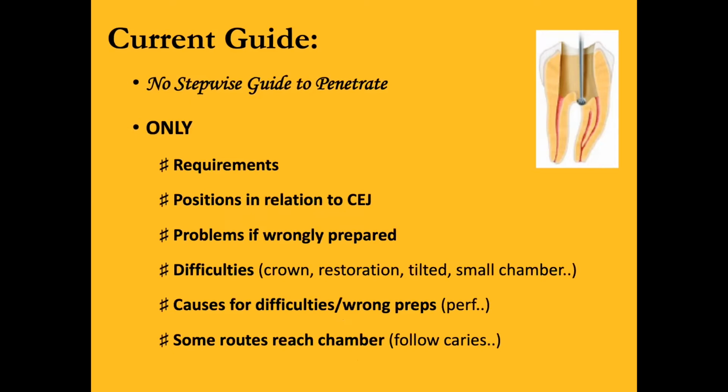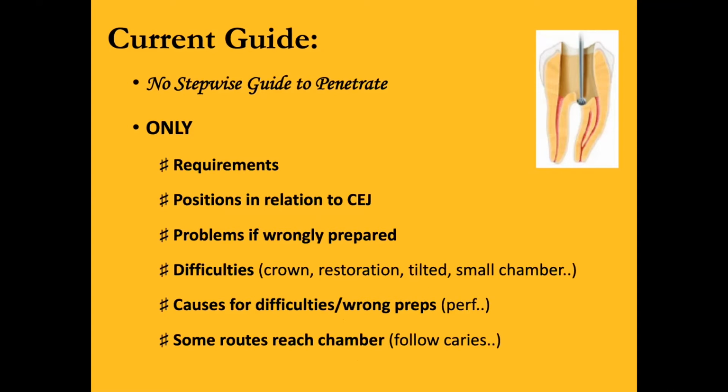There are only requirements or general prerequisites which are given, such as the shape of the cavity being quadrilateral or triangle, the basic armamentarium that is required, the position in relation to the CEJ, and the problems which you might encounter if the access cavity is wrongly prepared.